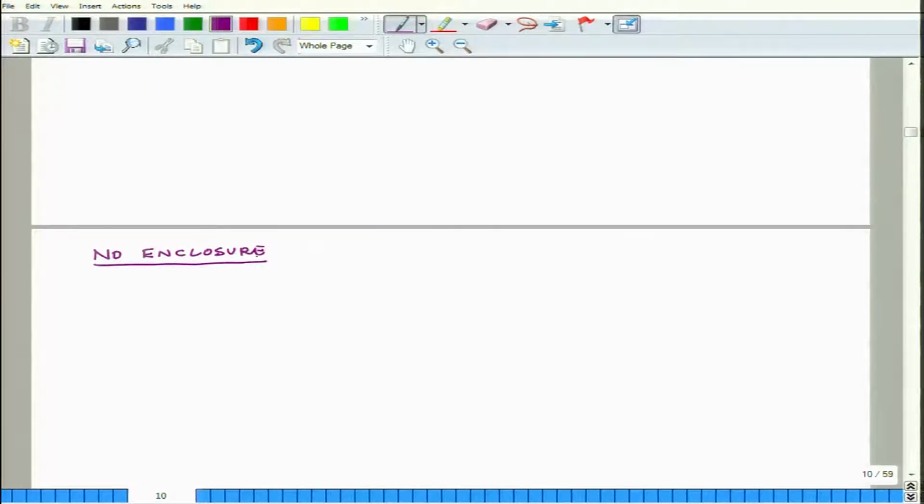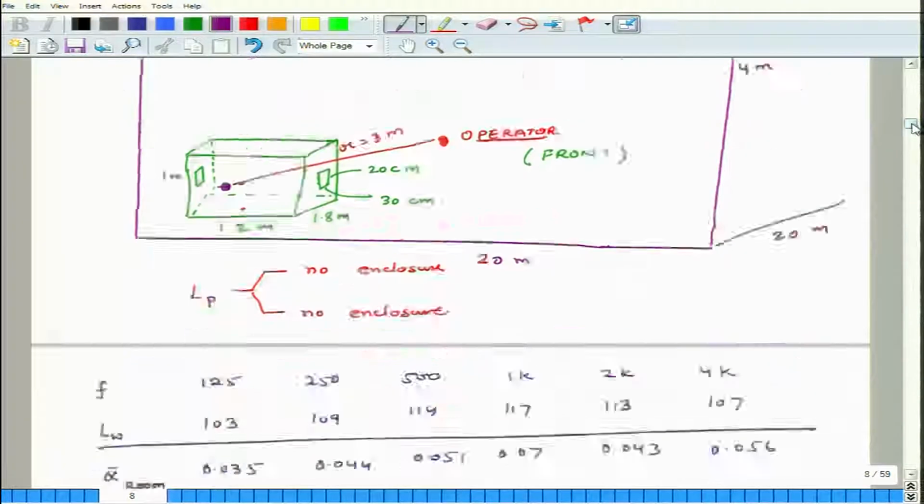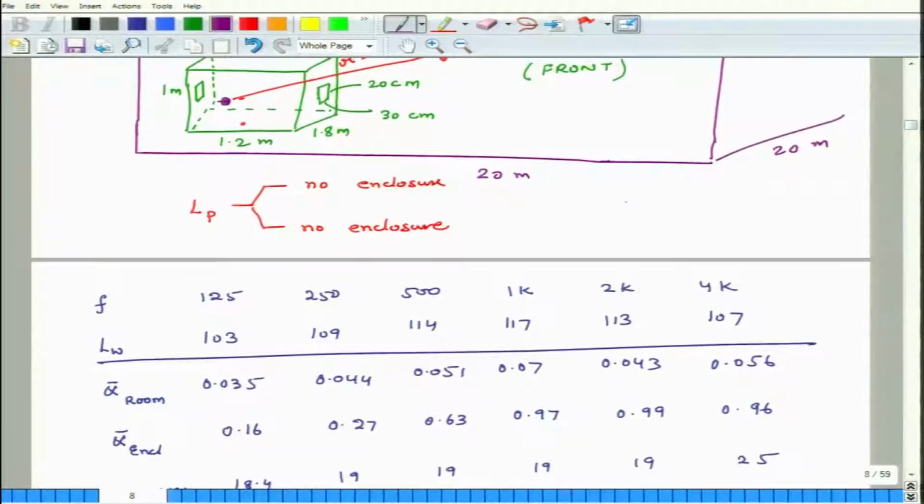Now, when there is no enclosure, we know that this is a closed room and we have a relation which connects sound power level and sound pressure level in terms of the room constant. The other thing which is given is that the directivity of the sound power source is 1, Q equals 1.